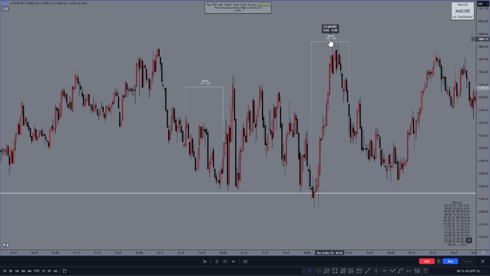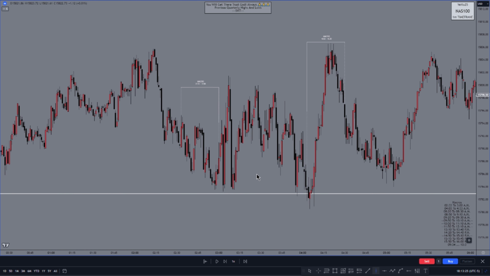I like this one, 4:03 to 4:30. And you can use the 3 a.m. to 4 a.m. or you can use the macro 4:30. In this time window it is good to trade because this is the silver bullet zone, 3 a.m. to 4 a.m., the London silver bullet zone, and you have the macro 4:03 to 4:30, or 4:33.